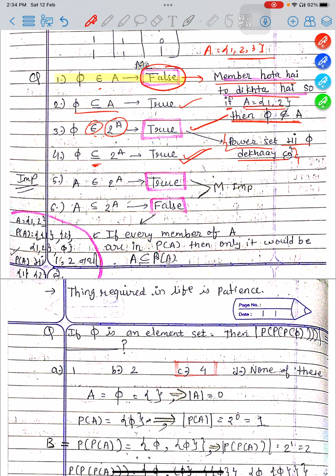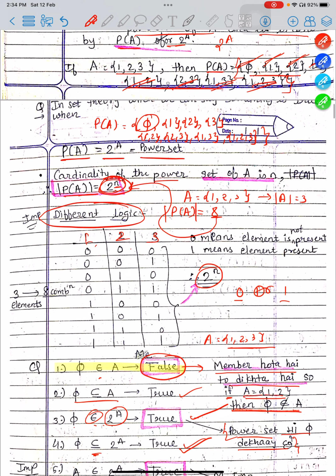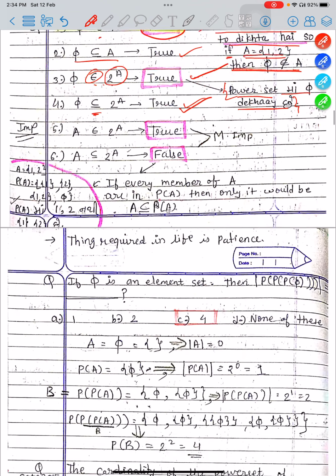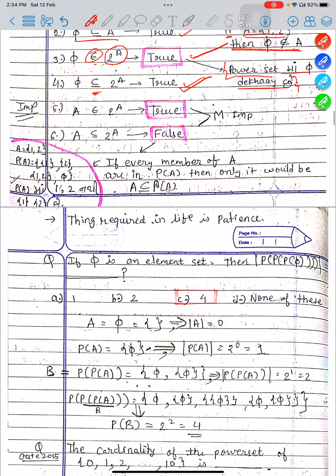A belongs to 2 raised to A, which is true because, see, A was 1, 2, 3. A itself can be seen in here. So A is a member of the power set, which is true. And A is a subset of 2 raised to A, which is false. A has 1, 2, 3.